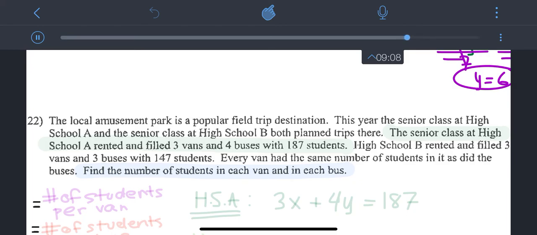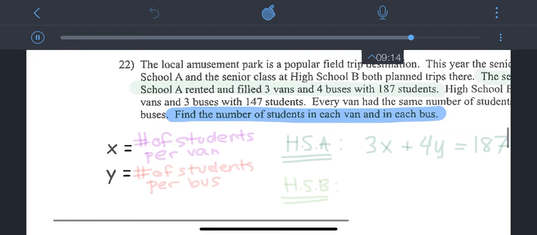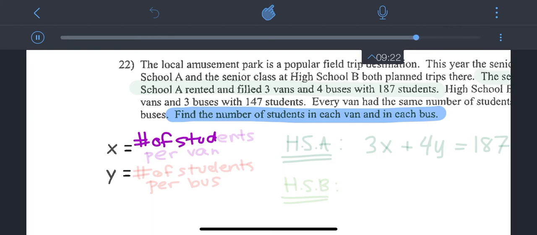Now remember what I said before. This last sentence is telling you what to do, which means it's going to give you your 2 variables. So the number of students in the vans can be X, the number of students per van. And then let's say Y is what?